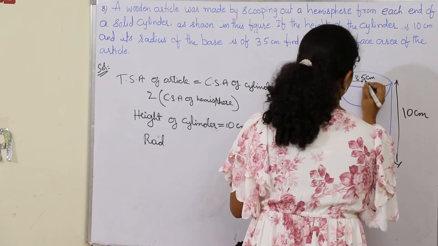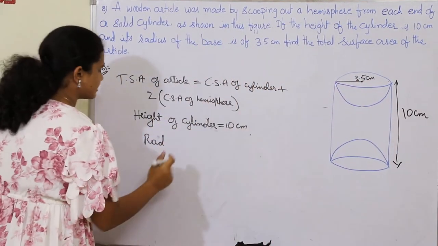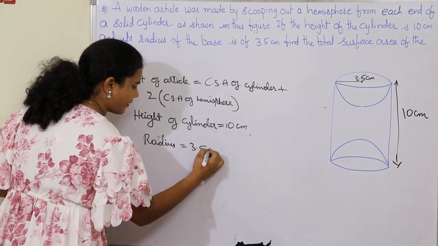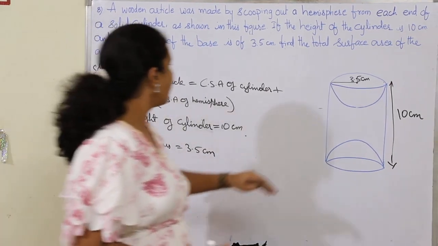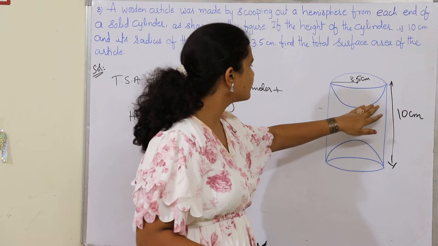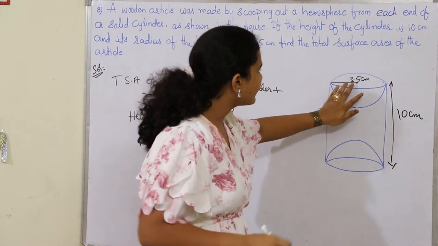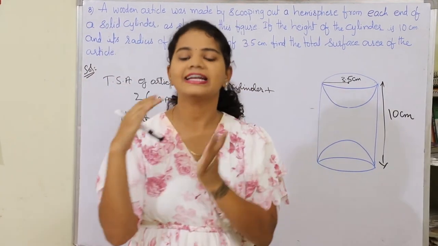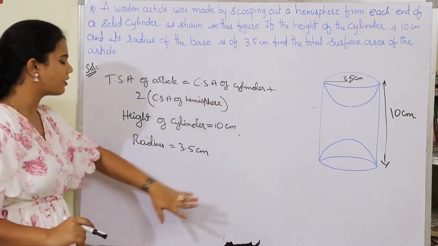Radius will be half of the diameter. So radius equals 3.5 centimeters, the radius for the cylinder. The base of the hemisphere and cylinder are common, so just take radius equals 3.5.